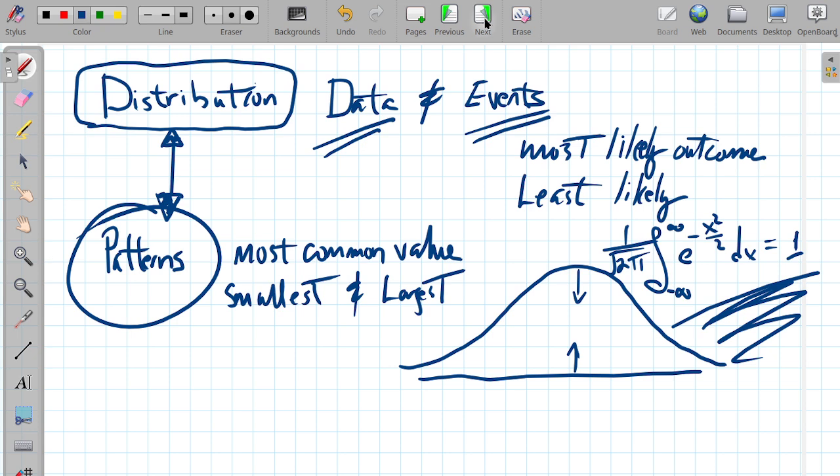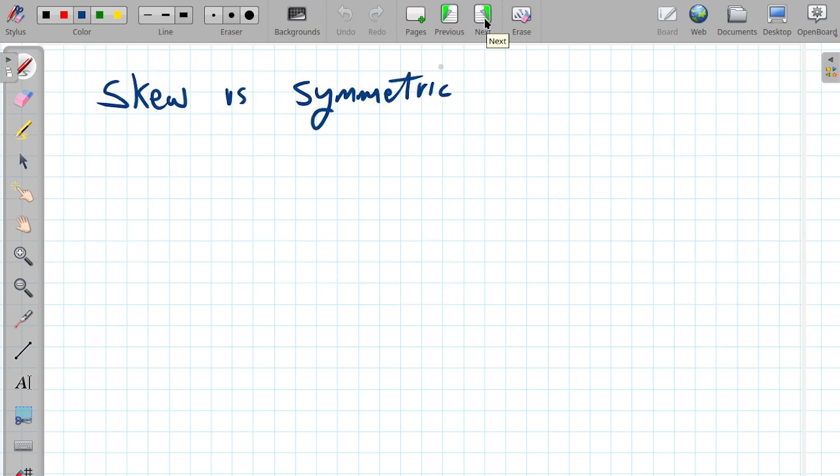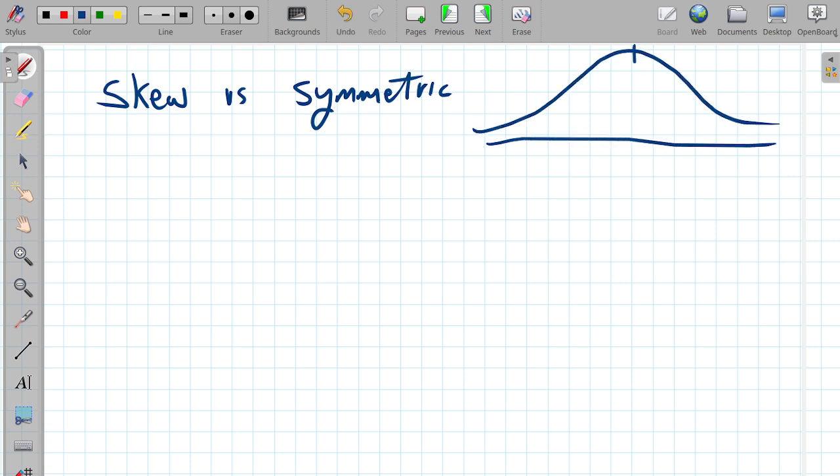Let's look at the next slide. Building on the idea of patterns. Skewed distributions versus symmetric distributions. Well, I've already shown you one symmetric distribution. That was the standard normal curve, the bell curve. And we call a curve symmetric, or a distribution symmetric, if it can be reflected across a vertical line, the vertical axis.